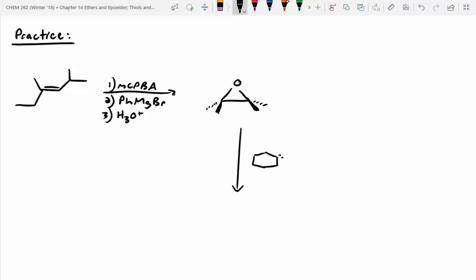And like I said, a phenyl group is basically a benzene ring attached to something else. In this case, it's got a negative charge on one of the carbons. And then the magnesium bromide countercation, right? So now what we need to do is determine what the heck goes on each of these legs of our epoxide.